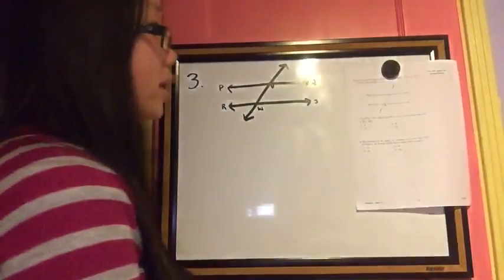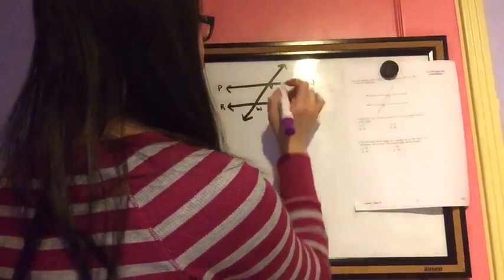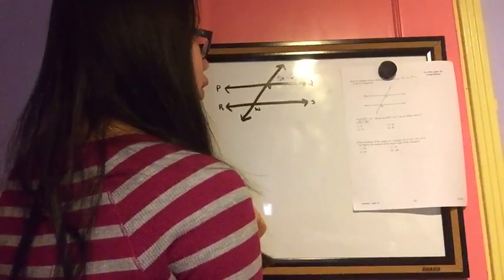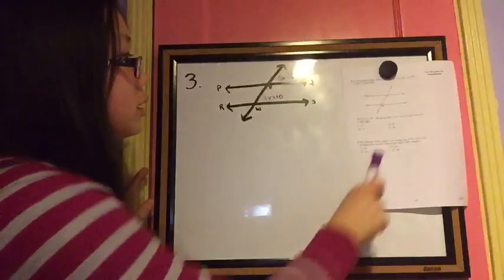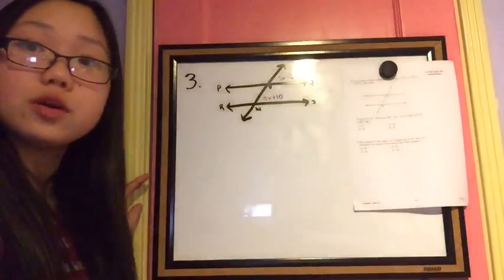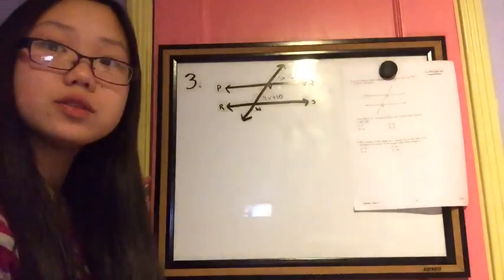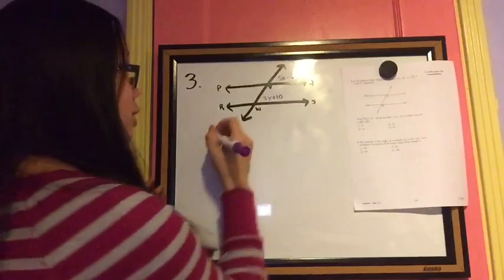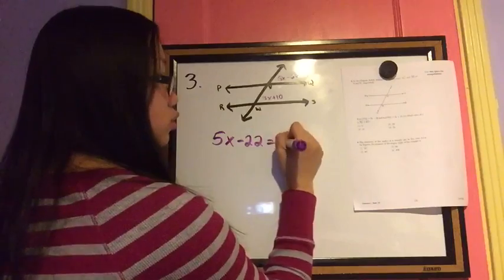So in question 3, it says that angle TVQ, which is here, is equal to 5x minus 22, and angle VWS is equal to 3x plus 10. And it is asking for which value of x is PQ parallel to RS. So if they are parallel, that means their corresponding angles are equal. Corresponding angles are the matching angles, so this would equal to this. So that means that would be when 5x minus 22 is equal to 3x plus 10.